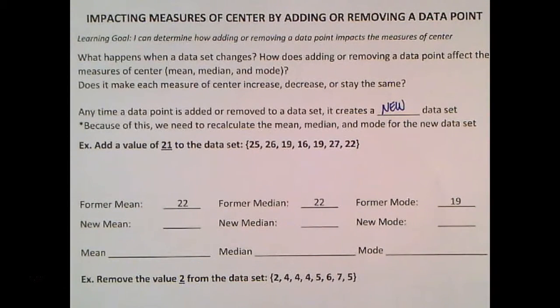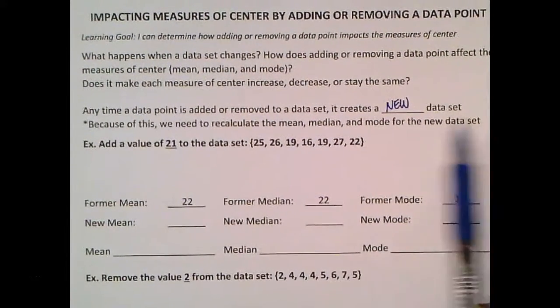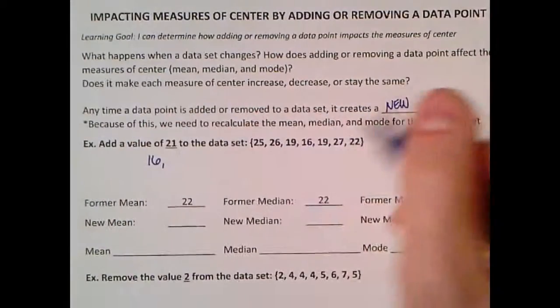So what I recommend doing is to go ahead and put them in order from least to greatest. That will save you some time later on. It'll cut down on the kind of repetitious work that you might have to do. So rather than repeat stuff, I would simply start out by ordering them from least to greatest.